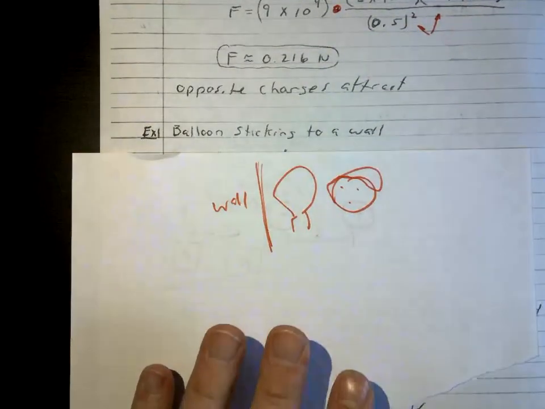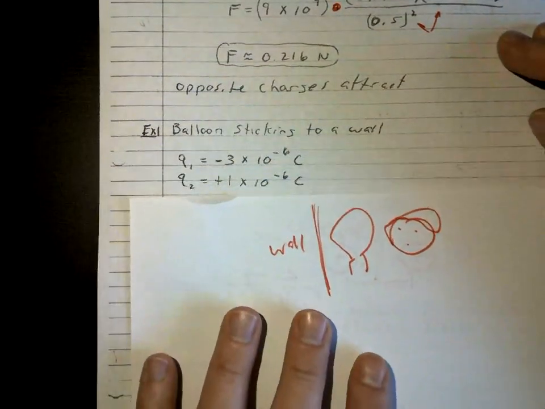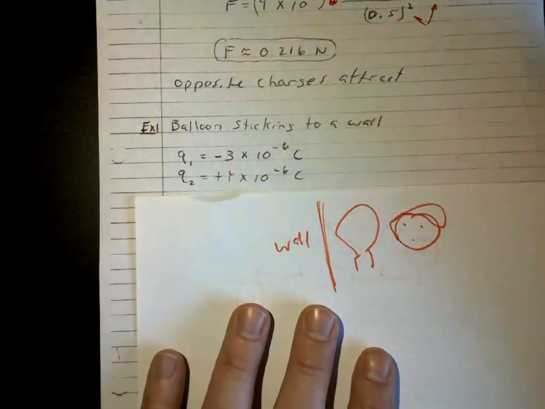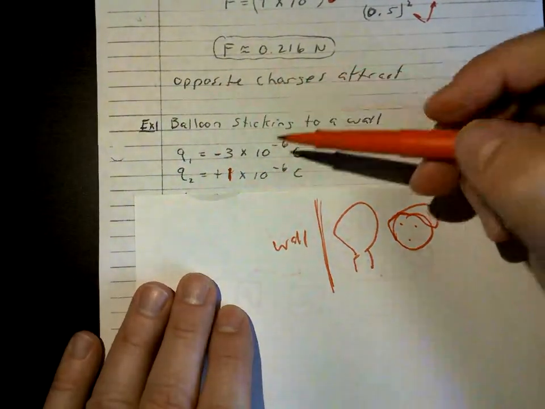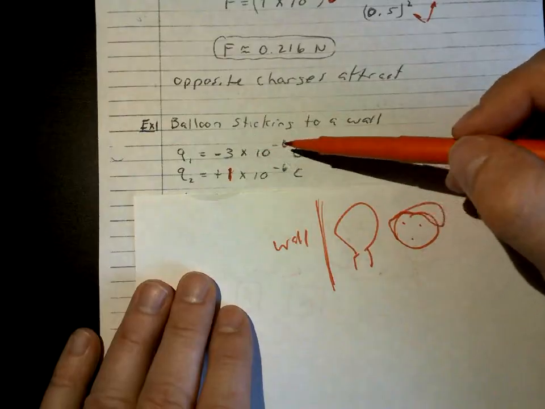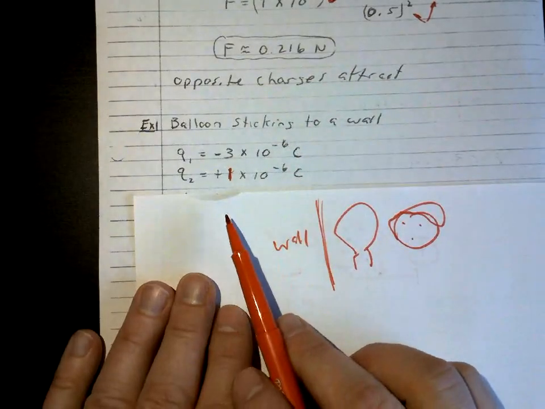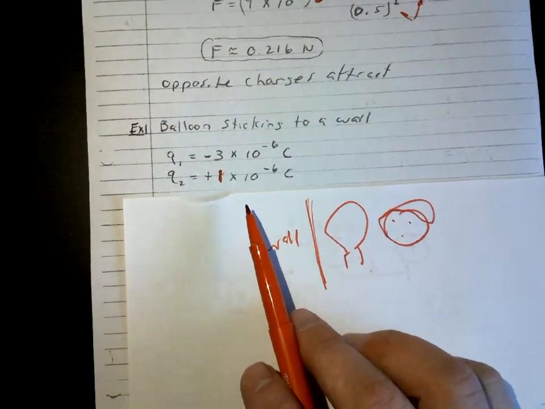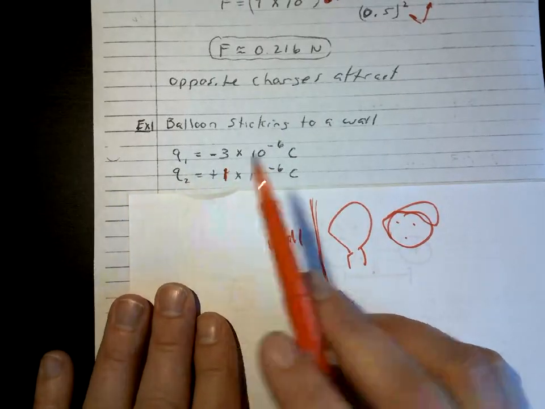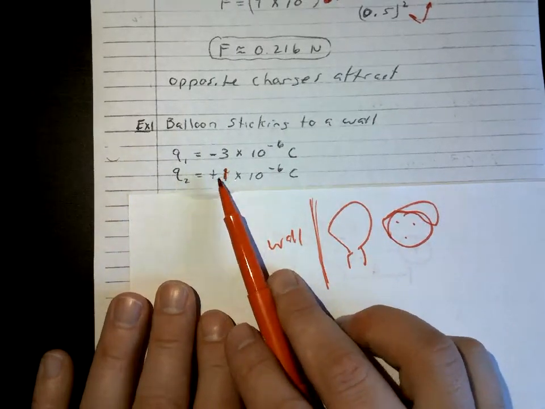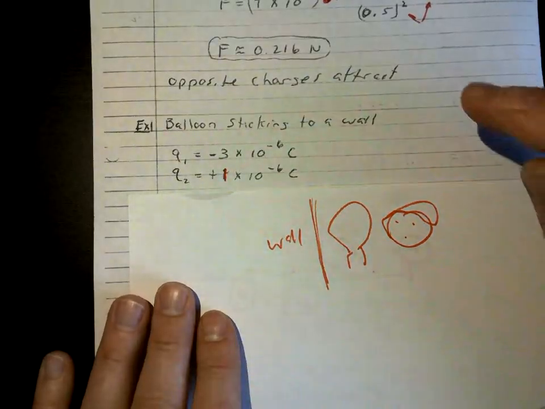So let's talk about this. Let's say that I have Q1 and Q2. Q1 has this much negative charge on it, and Q2 has a different kind of charge on it.